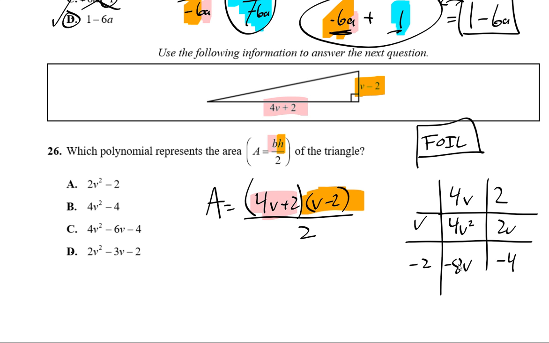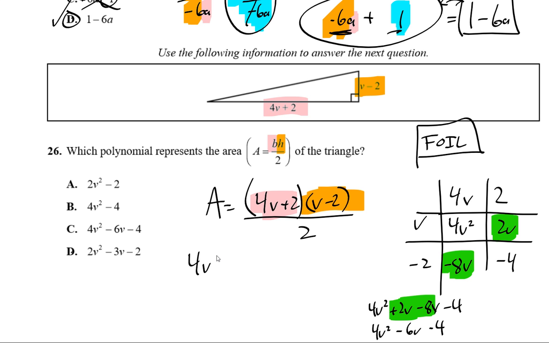Once I've done this, I'm going through this quickly because you don't need to know it for tomorrow. I'm going to find my like terms, and I've got 4v squared plus 2v minus 8v minus 4. Two of those terms I can combine. 2 minus 8 is negative 6. So I have 4v squared minus 6v minus 4.